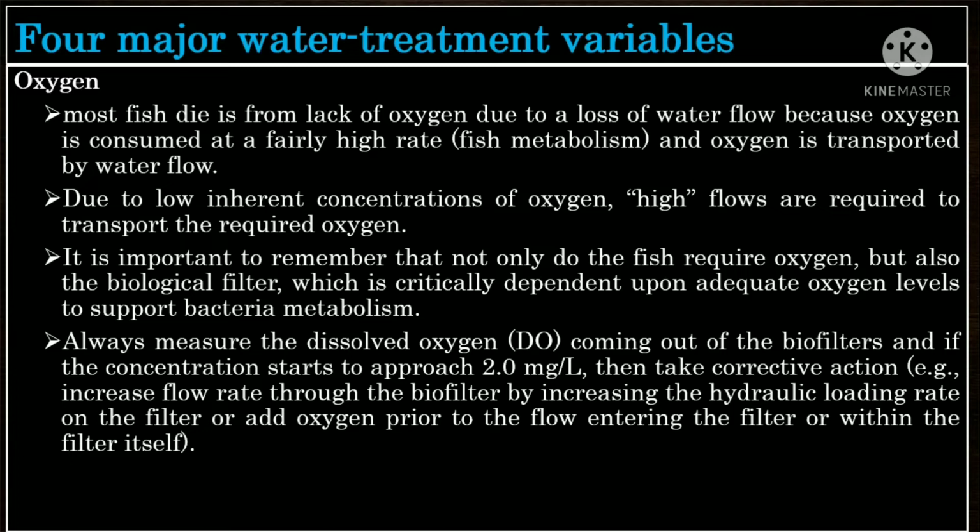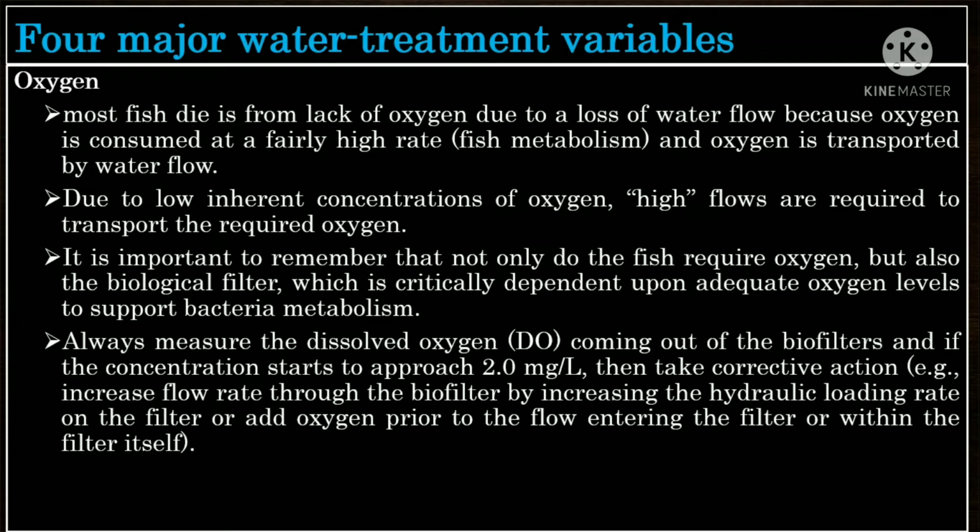Due to the low inherent concentration of oxygen, high flows are required to transport the required oxygen. Flows required to maintain a satisfactory oxygen level generally control the flow rate parameter.